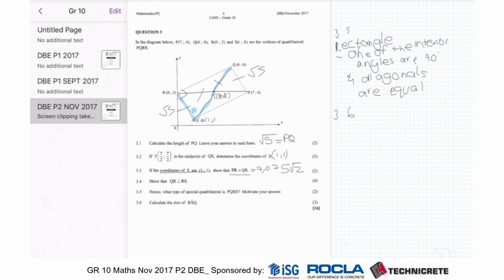Therefore we can use trig because we've got that right angle there. If I'm working with this angle, this is my hypotenuse, and I'm going to use cos because it's adjacent.